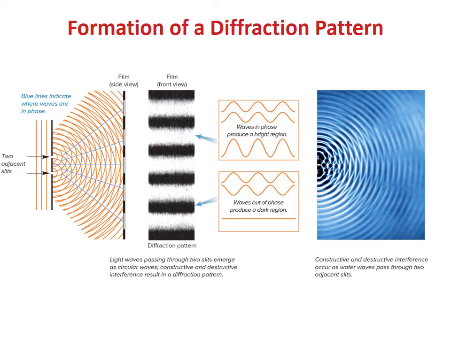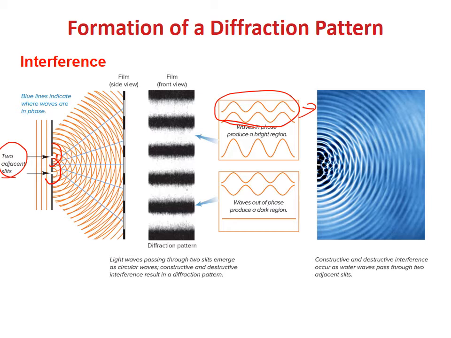If a wave passes through two adjacent slits, the adjacent circular waves interact in a process called interference. If the crests of the wave occur inside, like here, they interfere constructively. The amplitudes add together to form, for water, the highest point.